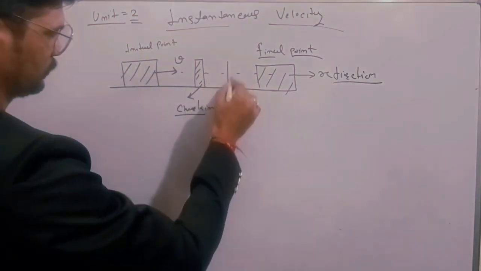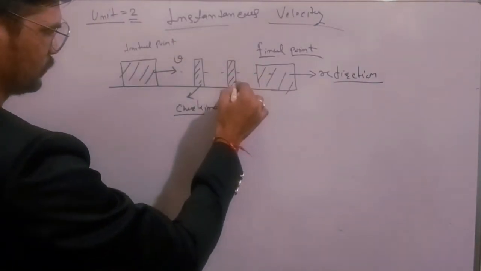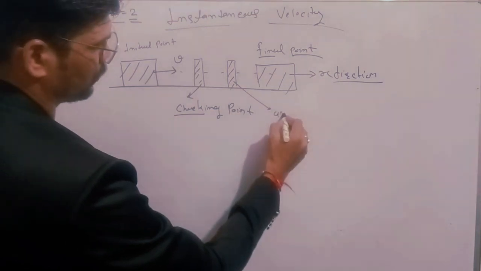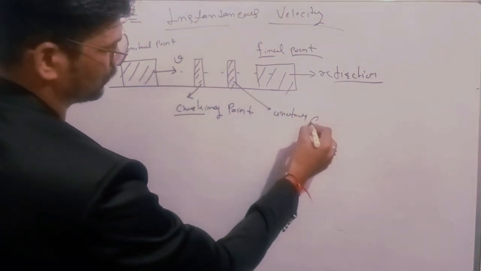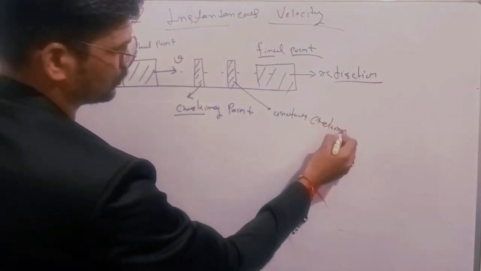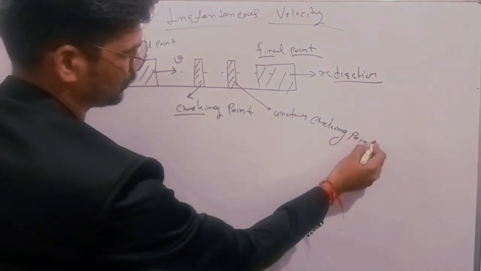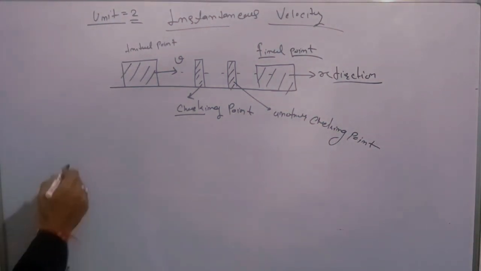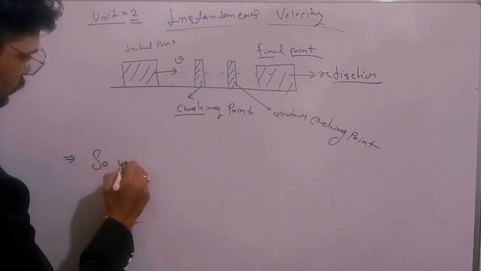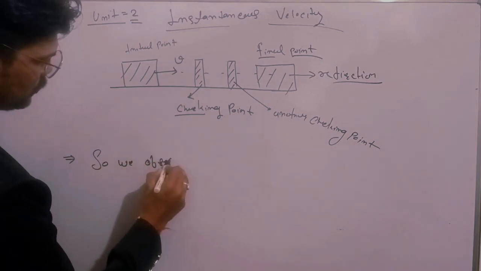Taking a small strip for the checking point of the block, and take another strip, another checking point.